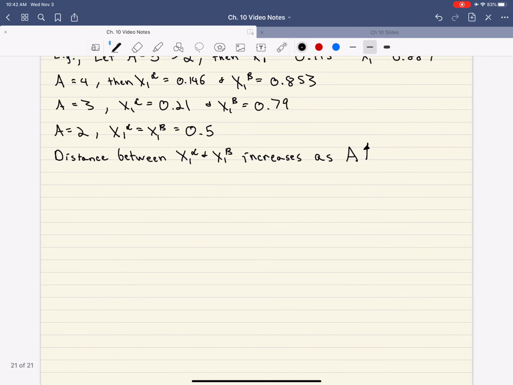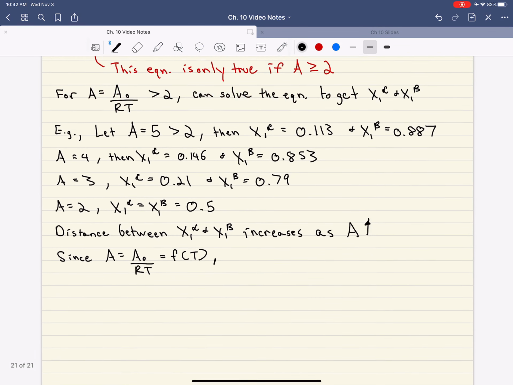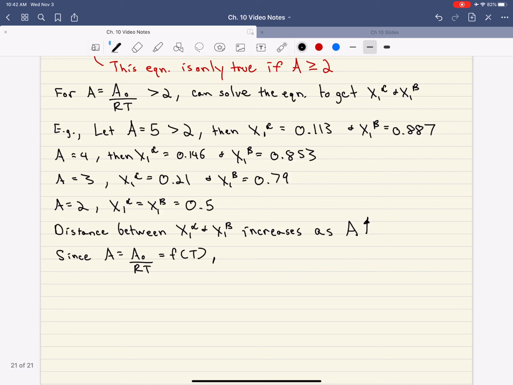All right, and so the thing to remember is that the A parameter is a function of temperature. Right? And so based on this equation, you could also rewrite it or use it to actually calculate that Tx1 diagram that we've been looking at this entire time.